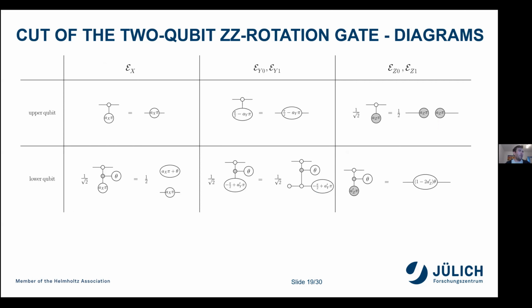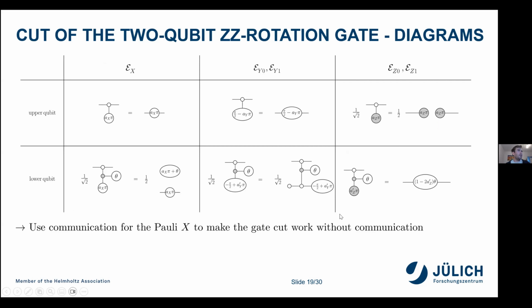Now first I insert again the wire cut and I get these different diagrams for the gate cut. You might note that now I exchange the role of the Pauli X and the Pauli Y. The reason is that for the Pauli X, we just need gates, and for the Pauli Y, we need an ancilla qubit and a measurement.